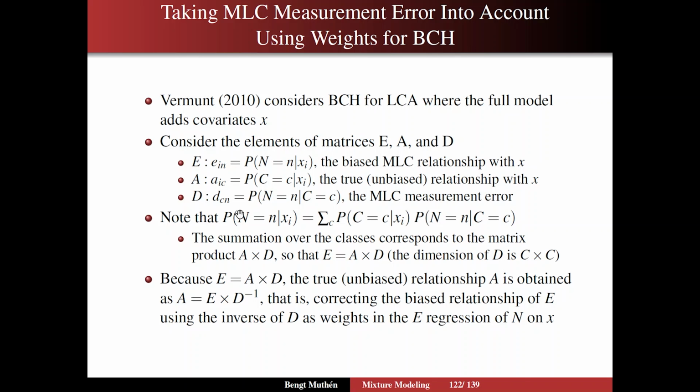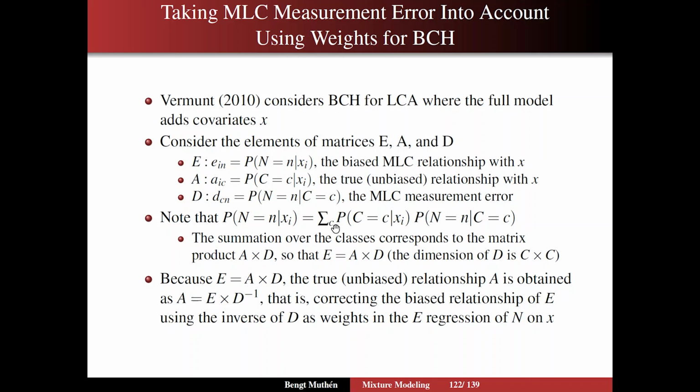And the key to understanding this is that the probability of n given x, the first one, E, is equal to a sum over the product of C given x and n given C. So C given x, the true unbiased relationship, and the measurement error relationship.